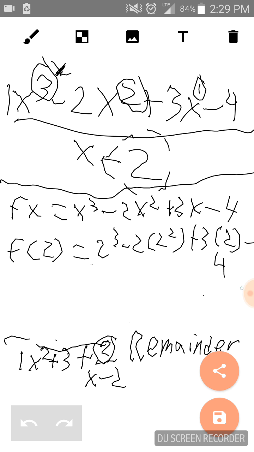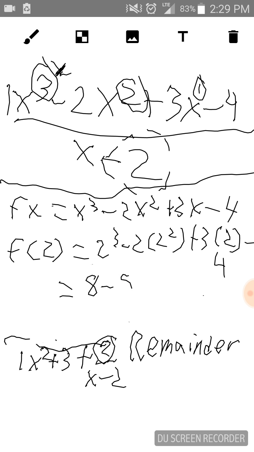And then by doing that, you start solving it. 2 cubed equals 8. 2 squared equals 4. 4 times negative 2 equals negative 8.